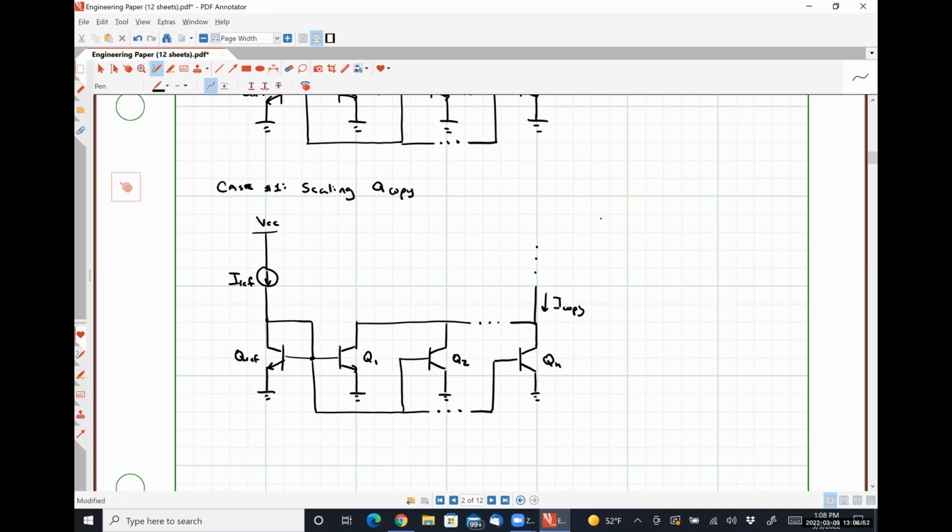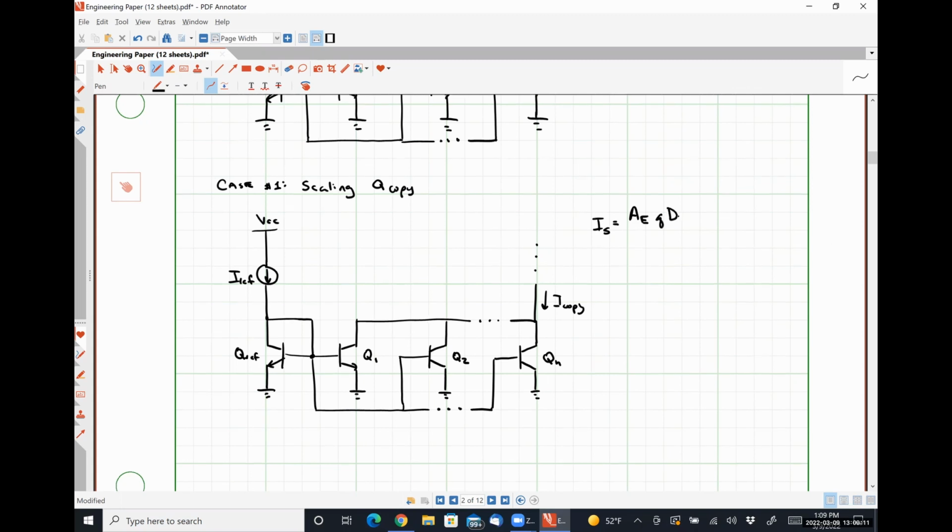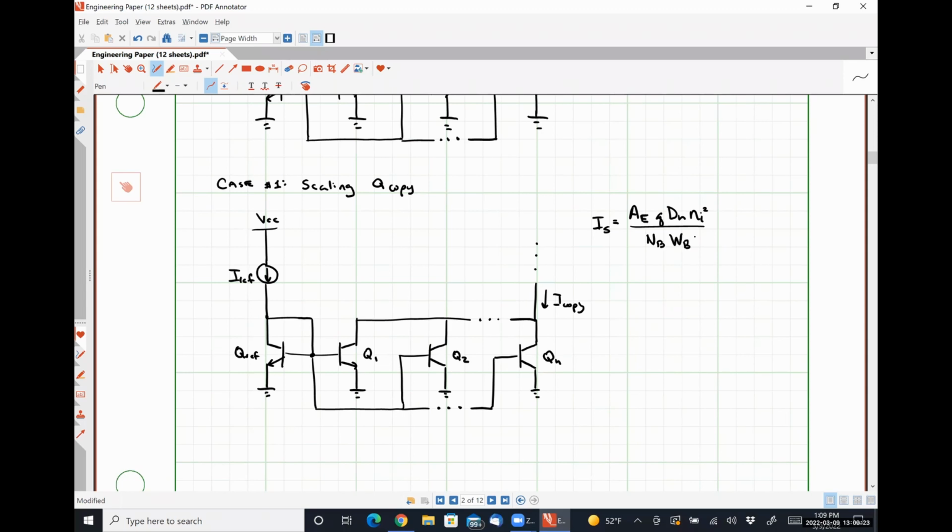If you recall from 335, the saturation current for a BJT is AE, which was the base emitter area, so the area of the base emitter junction, multiplied by q dN times ni squared all over NB, the dopant concentration of the base, times WB, which is the physical width of the base.